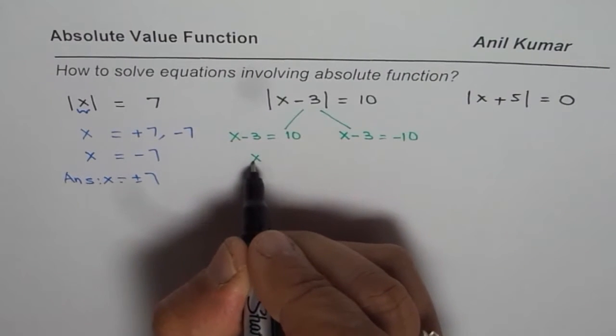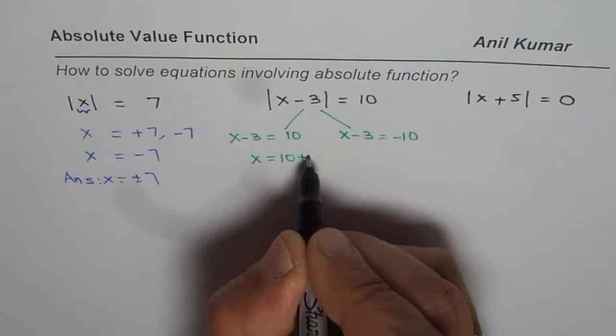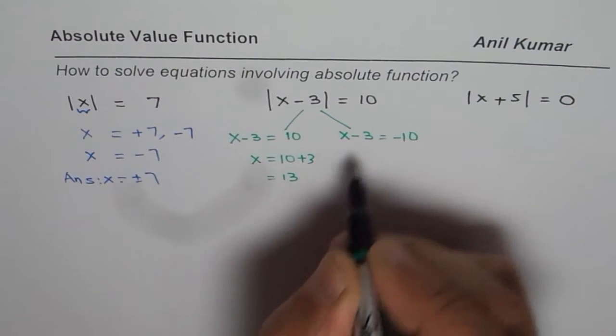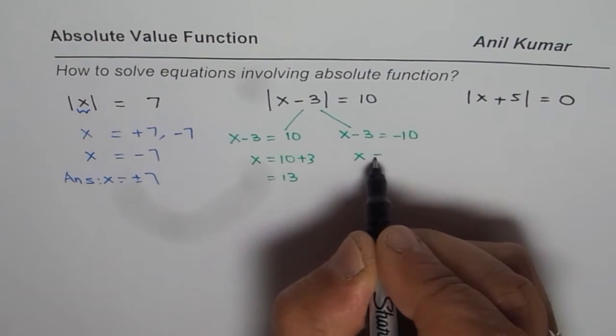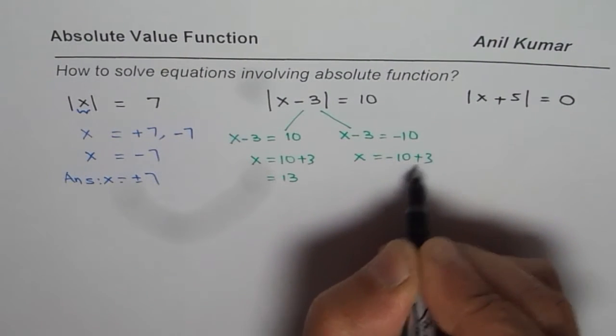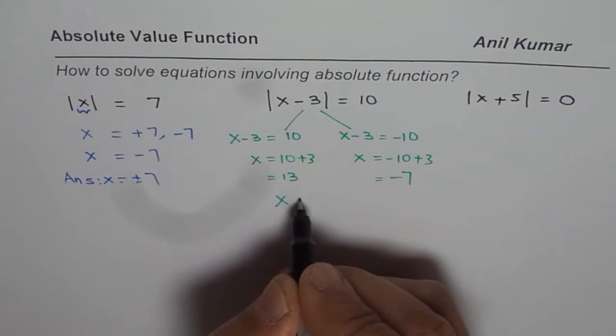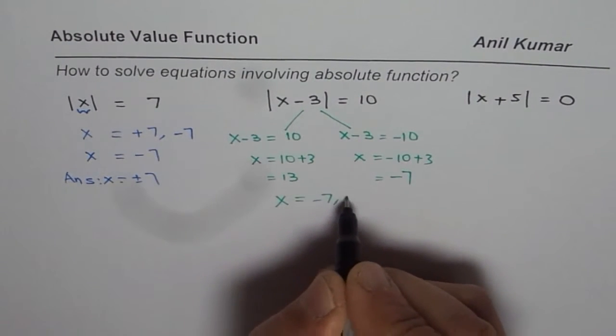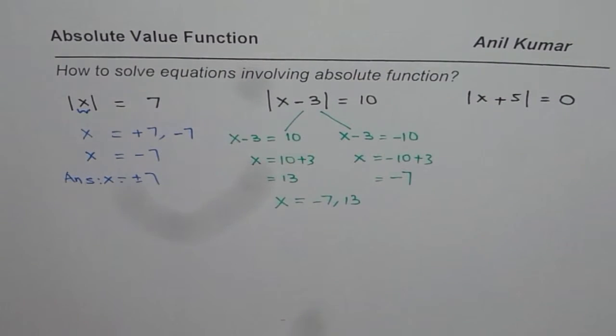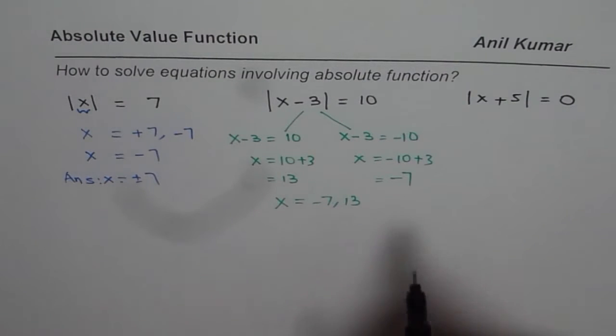So you can solve. It gives us x equals 10 plus 3, which is 13. And this one gives you x equals minus 10 plus 3, which is minus 7. So again we get two solutions, x equals minus 7 and 13, right? Simple as that.